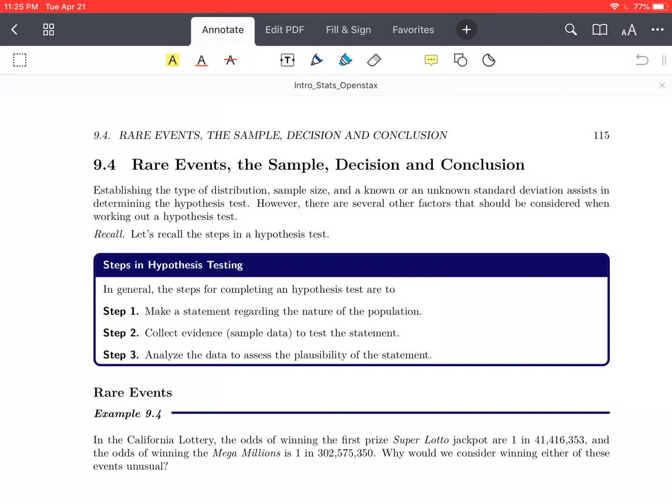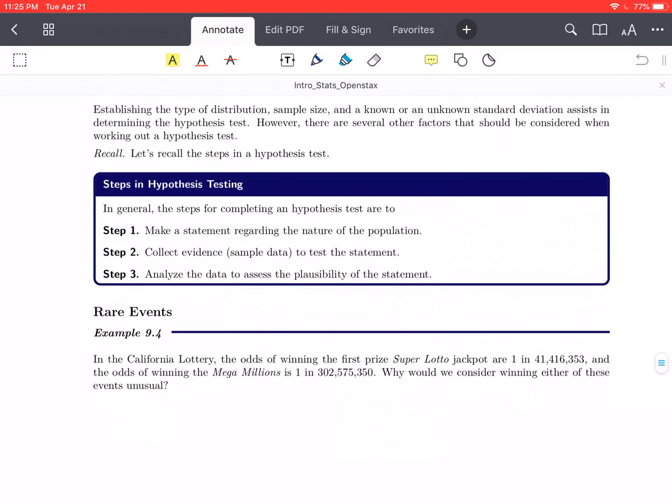To start us off, they highlight for us the steps in hypothesis testing. There are 3 phases that we go through, and that is to make a statement. That's the general assumption, the null hypothesis being what's generally assumed to be true already.